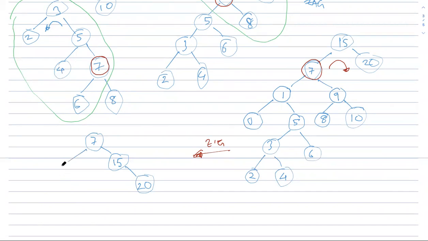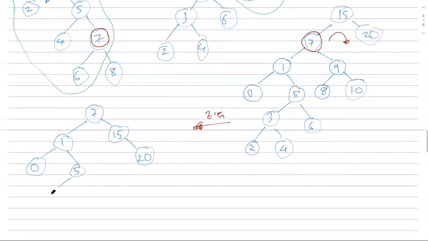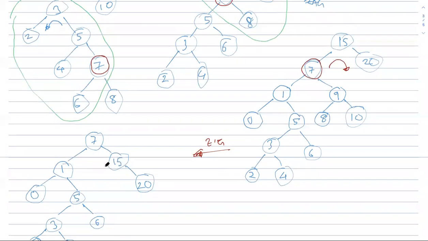And then on this left side, you have 1, 0, and this is 5, 3, 6, 2, 4, and the whole subtree rooted at 9 comes here. So you have 8 and you have 10 here.